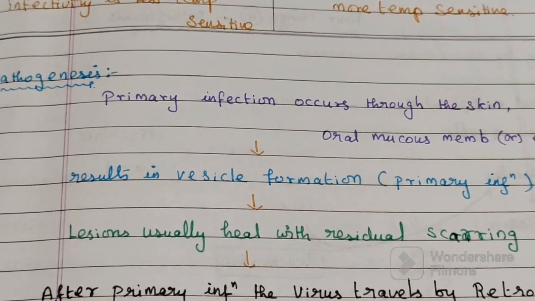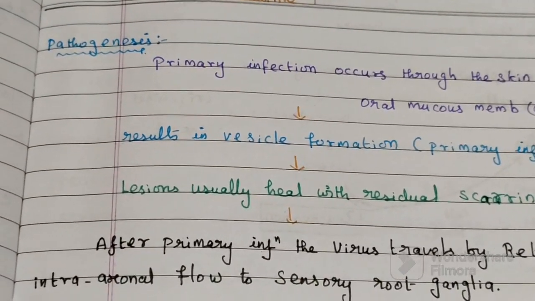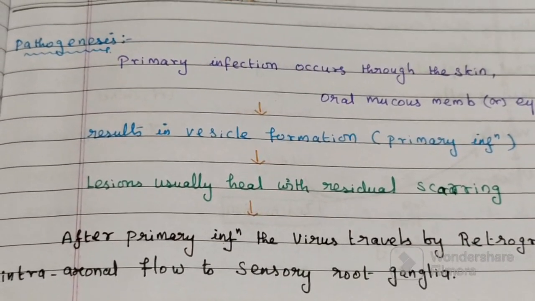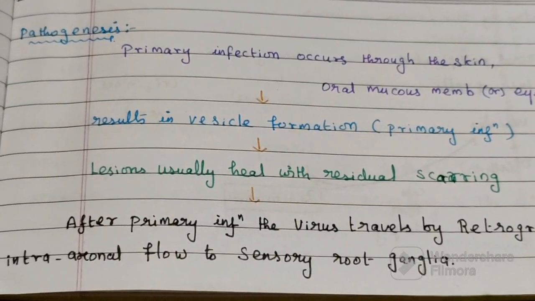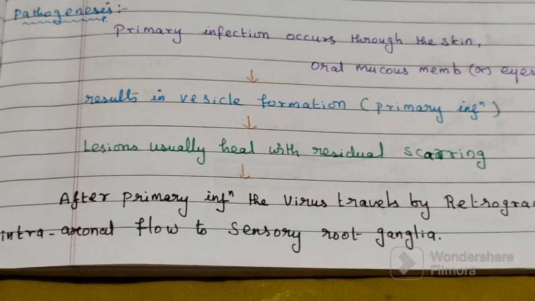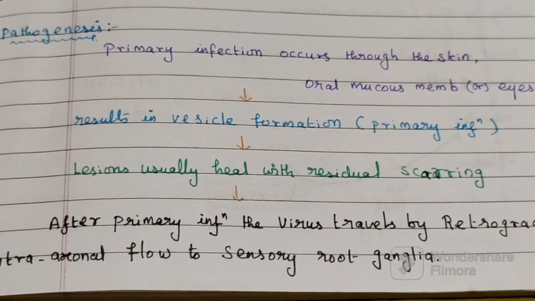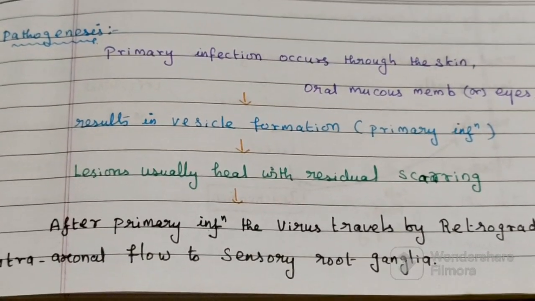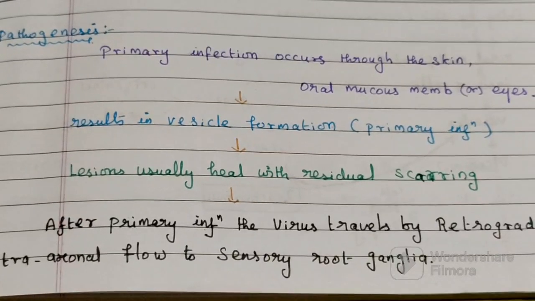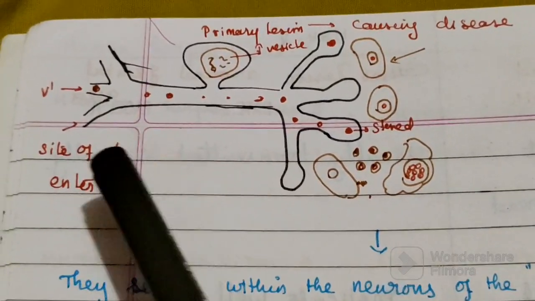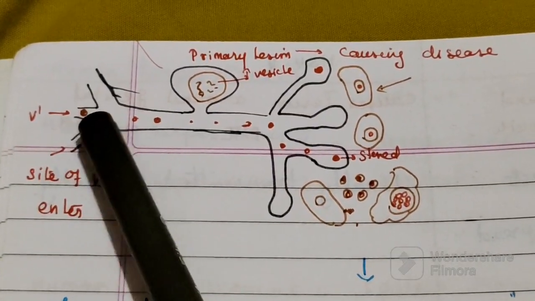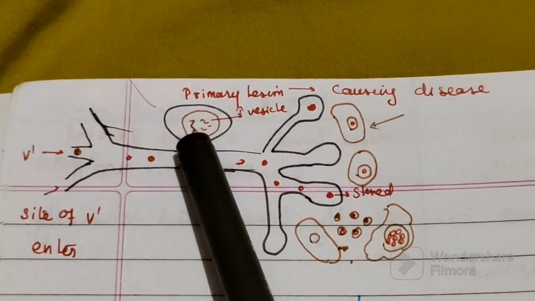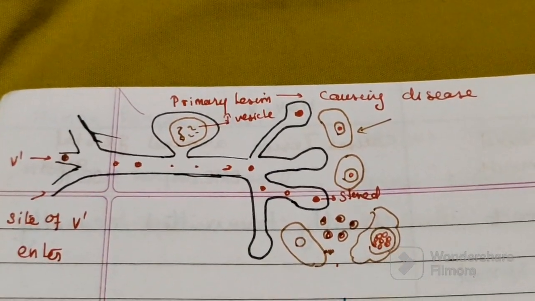No complication will happen, but after primary infection, the virus travels through the nerves to the sensory root ganglia. This is the site of virus entry, the primary lesion, where it is causing disease.